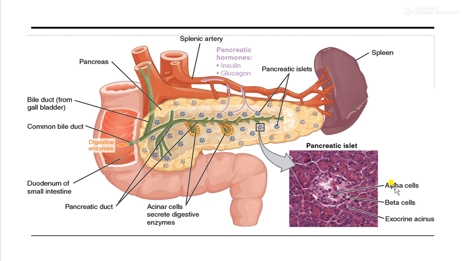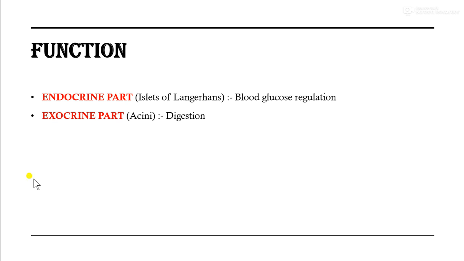Three types of cells are in the islet of Langerhans.